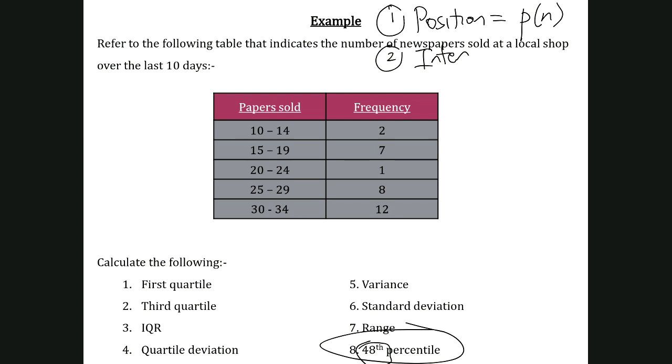The third step is to use the formula, which says lower limit plus upper limit minus the lower limit multiplied by P over 100 times N minus the sum of the frequencies in the groups before the group you selected, over the frequency of the group you selected.